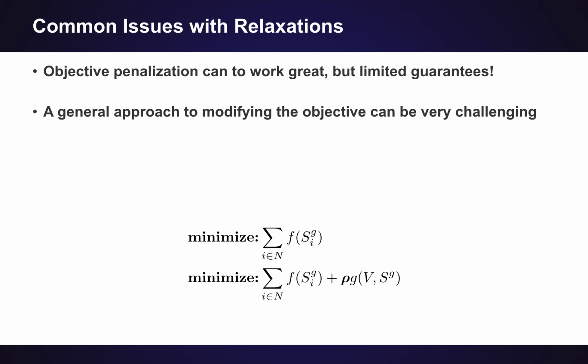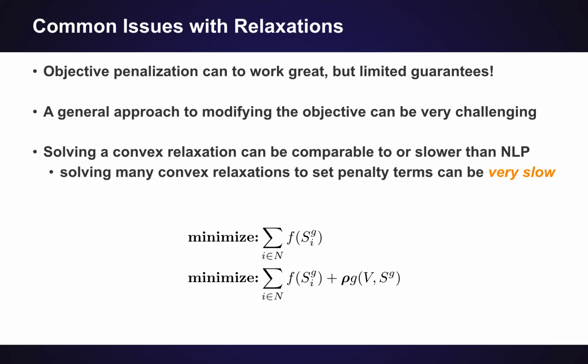There are results on combinatorial optimization problems which say that setting these penalty terms is just as hard as solving the original non-convex problem. So if you're trying to claim that the penalization method you have is going to be effective all the time, you should be a little bit cautious about how strong that claim can be.